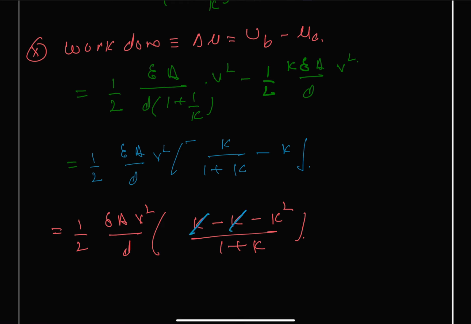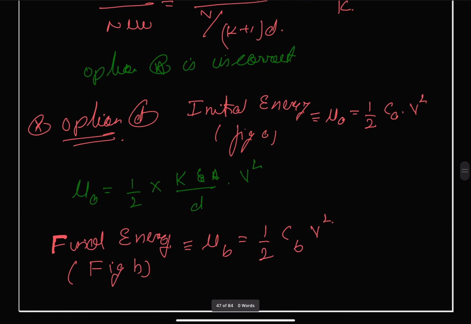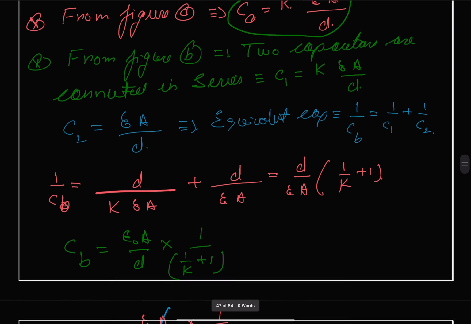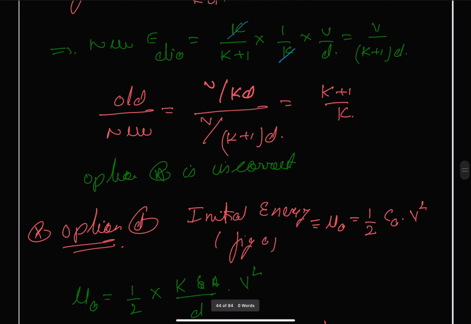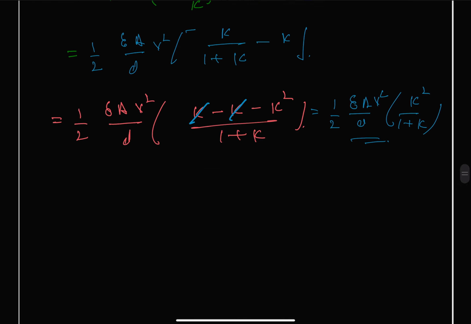So this will be coming as magnitude only. If you are interested, it should ideally be UA minus UB, but anyway, this comes as half epsilon A V square upon D, and this is K square over 1 plus K. And option D states that it does not depend upon the presence of dielectric, but dielectric basically means dependent upon K. So this option is also incorrect, because work done contains our dielectric constant, that is K. Okay, we have K in the numerator as well as in the denominator. So we can say option D is incorrect.